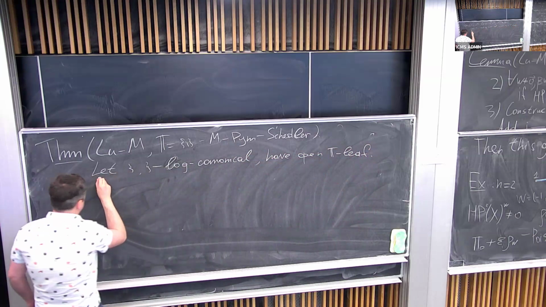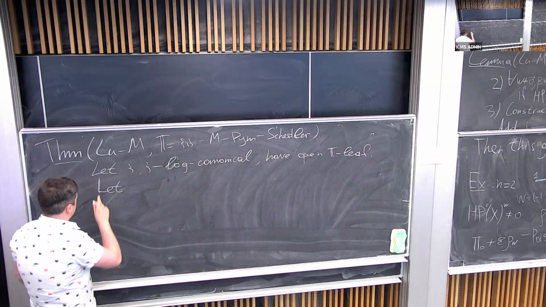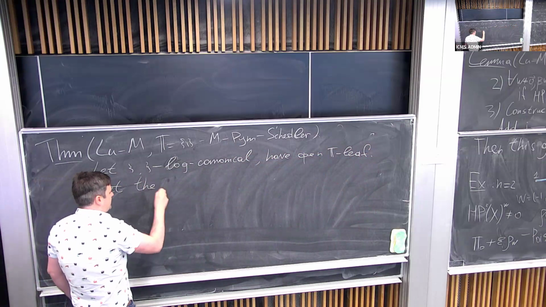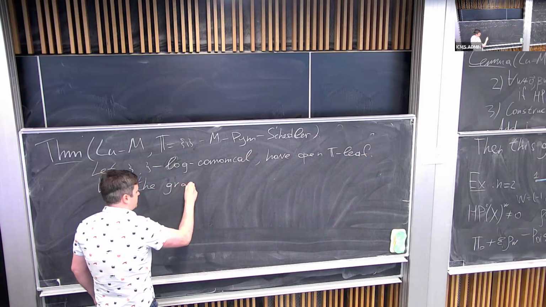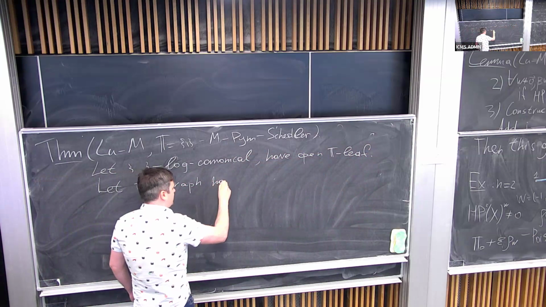One more assumption that we hope to get rid of, but we need to use in the current version of the proof: let the graph I constructed over there have no cycles.